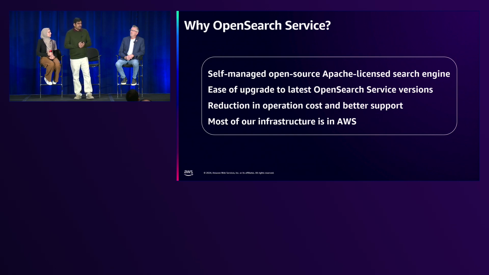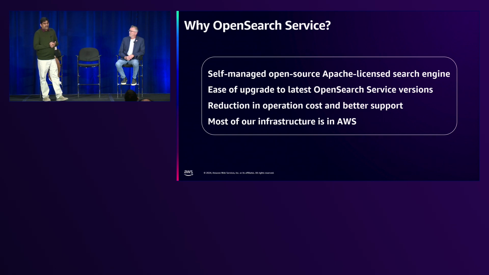Our first impression was, we are trying not only to optimize our operational challenges, we want to reduce the cost also. When we move to managed OpenSearch, obviously the cost may be more, right? So we wanted to optimize the cost as well as reduce our operational burden. This is the use case we gave them.